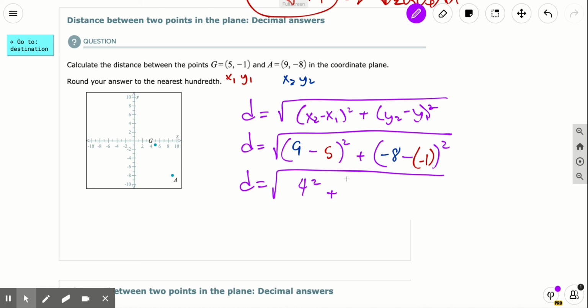When it's a negative, you absolutely have to have parentheses, okay? So negative 8, this becomes a plus 1, yeah. Negative 8 plus 1 is negative 7 squared. Remember, negative 7 squared means negative 7 times negative 7, which is positive 49. Just as a side, just so you know, you guys, this is why I won't let you take off the parentheses.